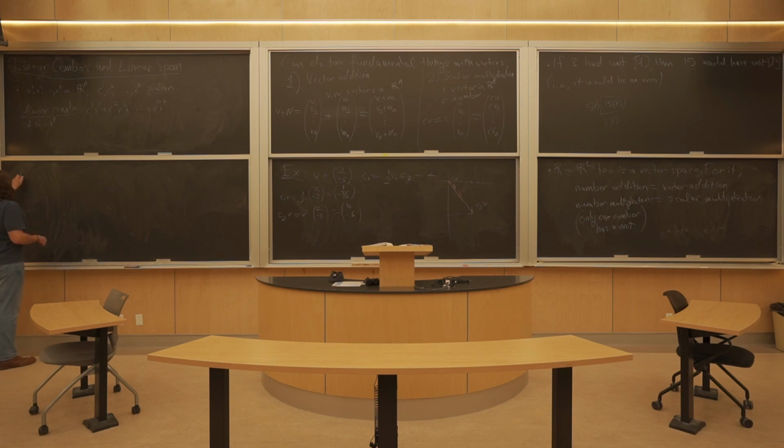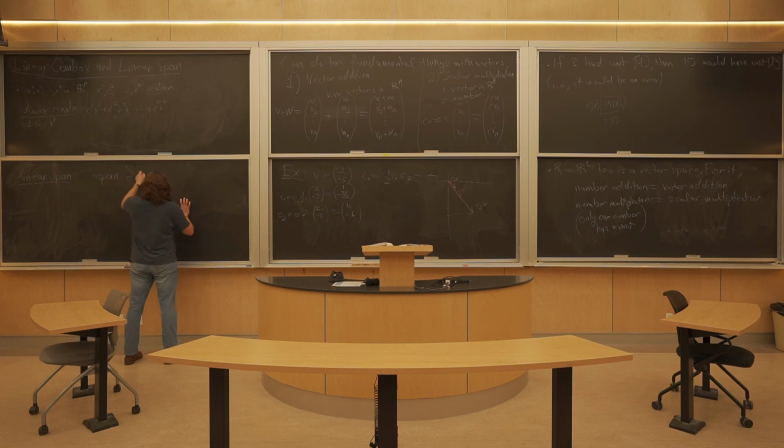And this is denoted like this. You write span, and then you open curly brackets, v1, v2, dot, dot, dot, vp, close curly brackets.